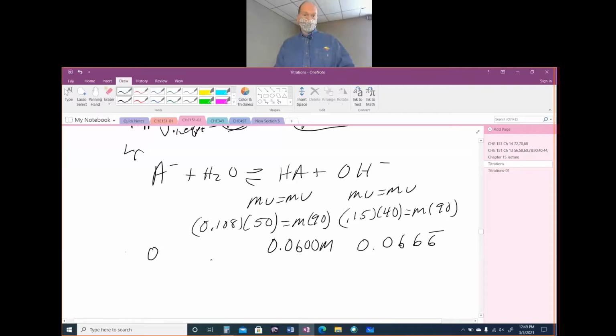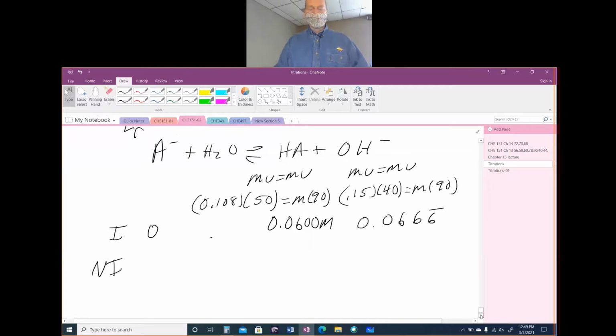All right, so the A minus is 0. All right, so that is when you need a new initial. Anytime you have two non-zero numbers on the right side of a Ka, a Kb, or a Kw, one of those, or in the case of the equivalence point, both of those will go to 0. All right, so this time the 0.0600 is the smaller number.